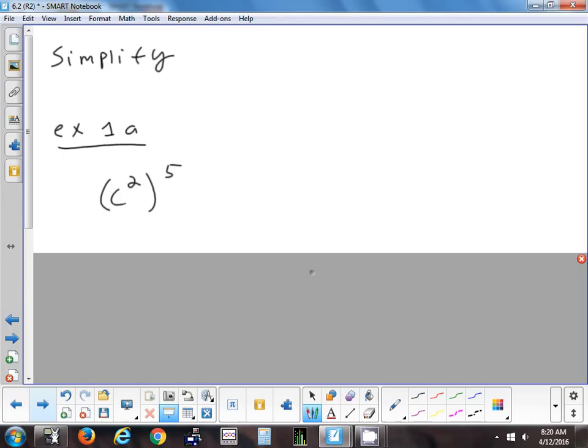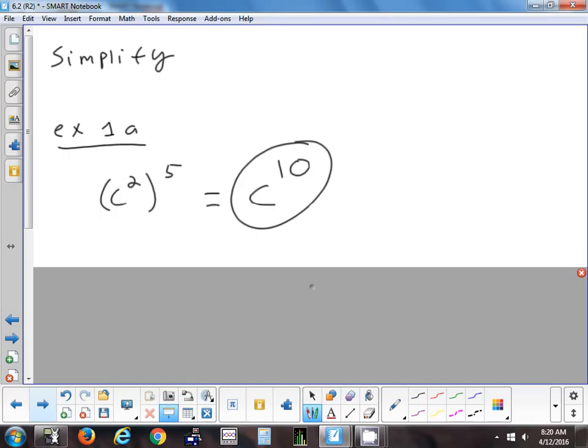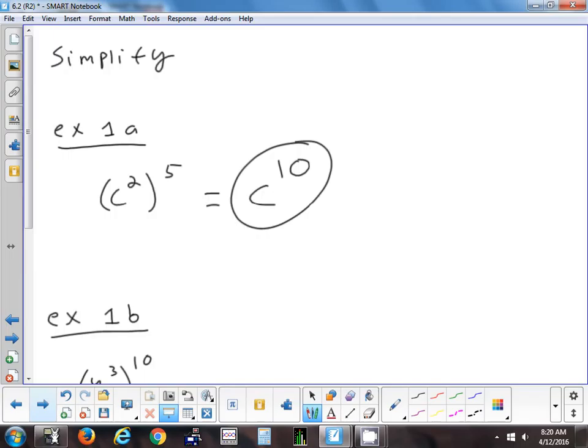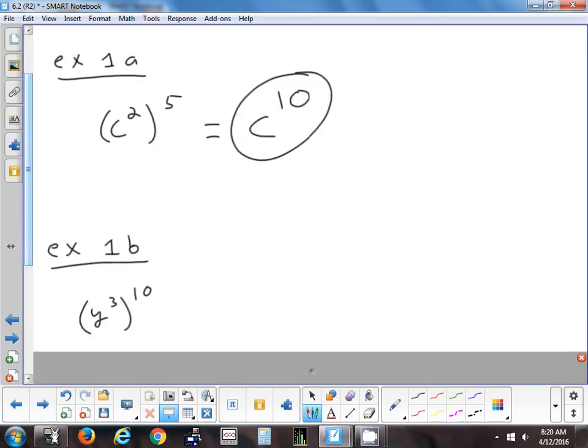Okay, Rose, how about c squared to the 5th? C to the 10th. Yep, c to the 10th. How about Kevin? How about y cubed to the 10th?